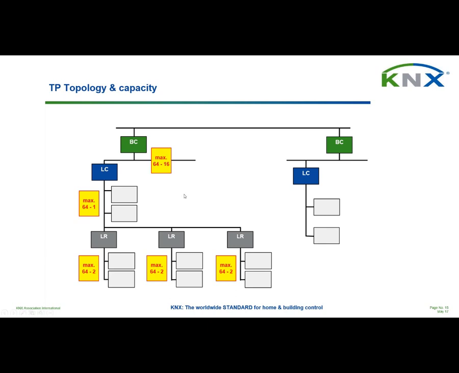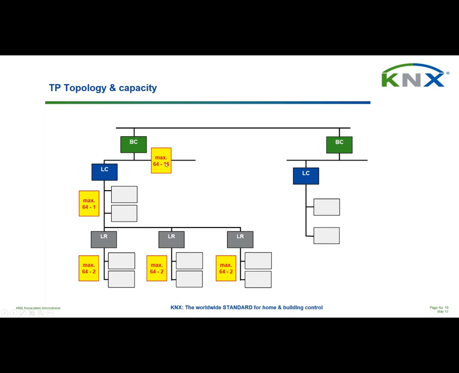Within the main line of the area, there's also a maximum of 64 devices, minus 16, because there in total we can have 15 line couplers, and so we have to count there the main connection and the secondary connection of the backbone coupler.